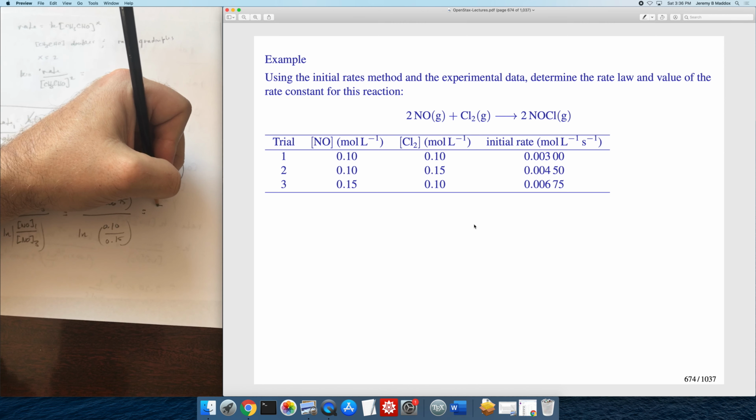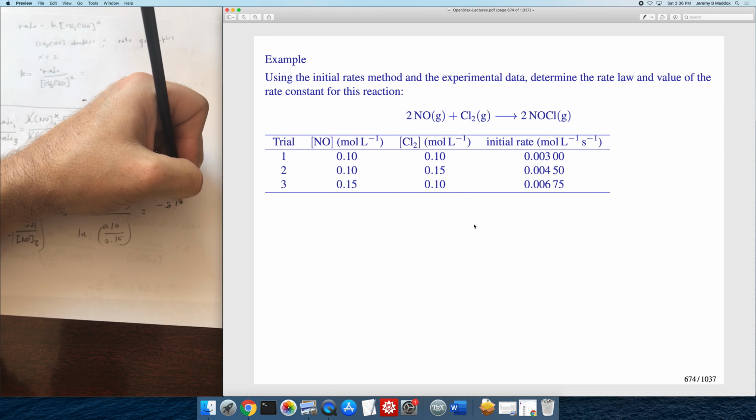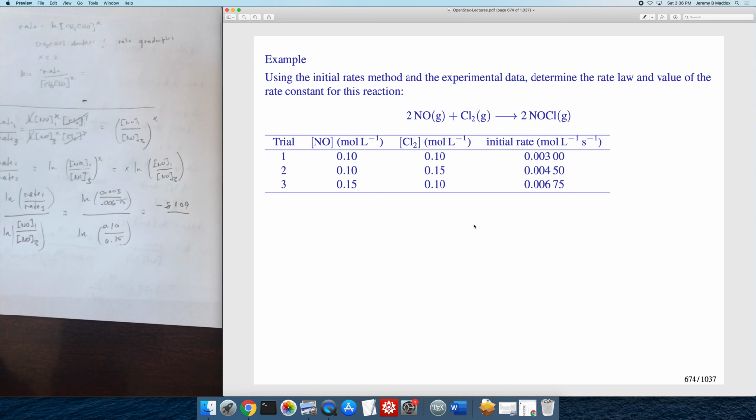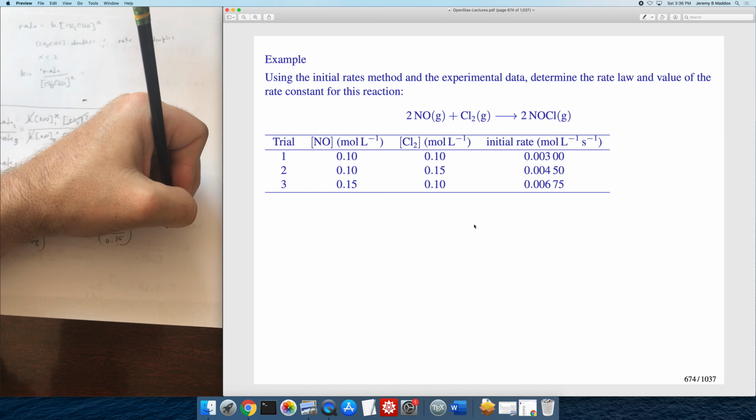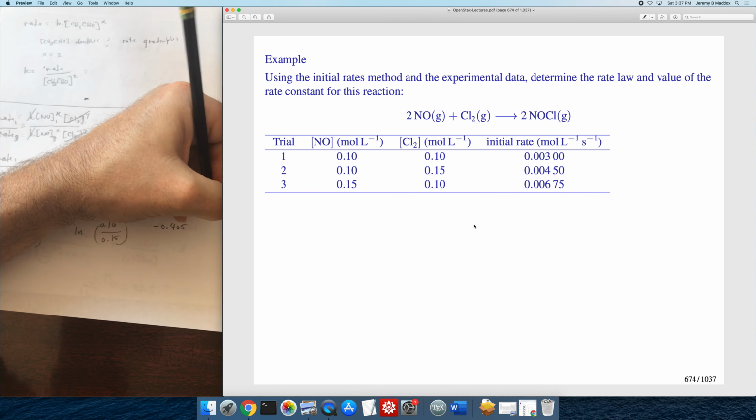So the numerator is giving me minus 0.8109. Denominator is giving me minus 0.405. 0.8 divided by 0.4 gives us 2.